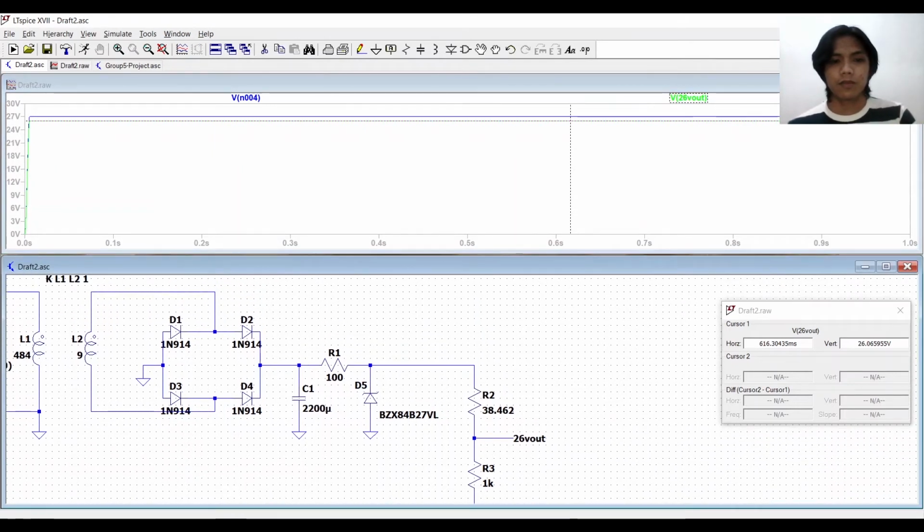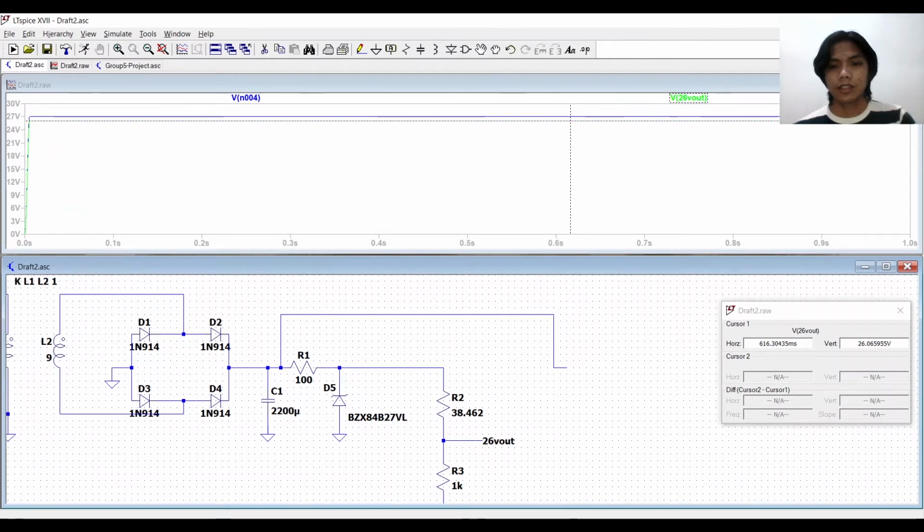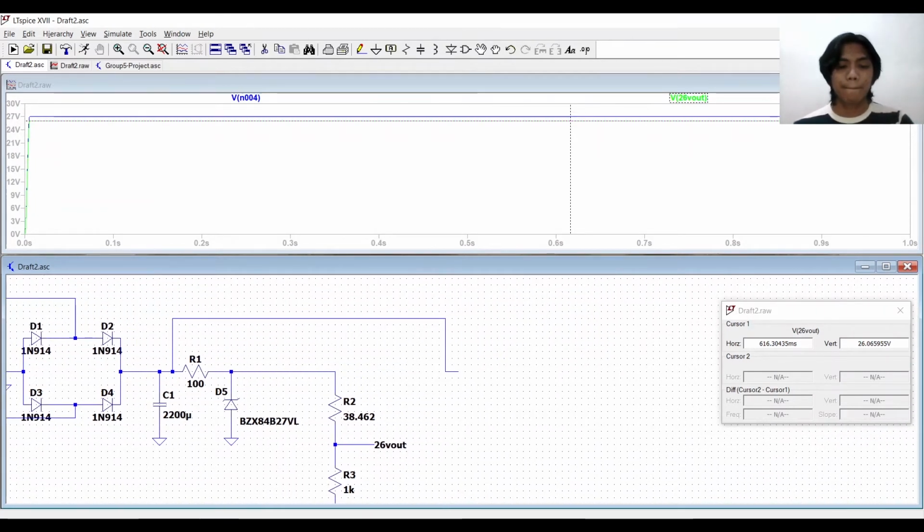So now it is time to construct the other voltage outputs, and to do that we would have to extend our circuit, again 100.